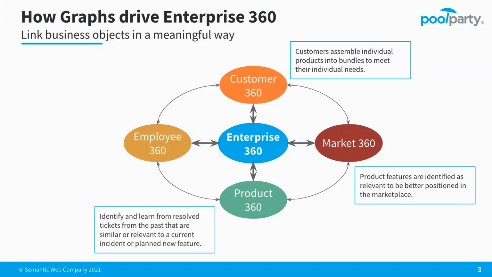Then Product 360: here we get, for instance, the ability to learn from our customers, to understand what they actually have found out during the usage of our products. Using, for instance, the ticket system could be a great source of truth. Linking that back to the Customer 360 systems where behavior can probably be used to better understand the actual usage scenarios.